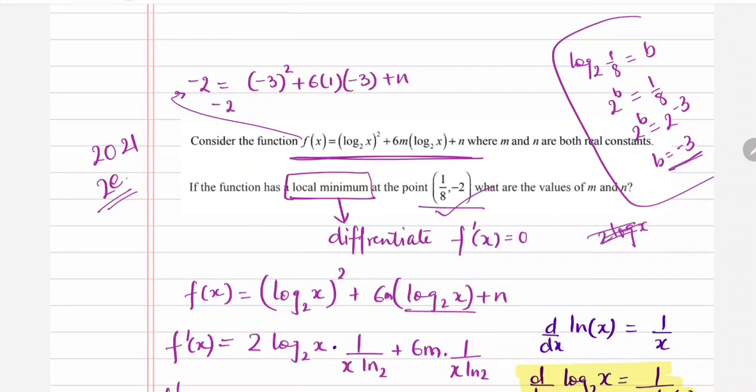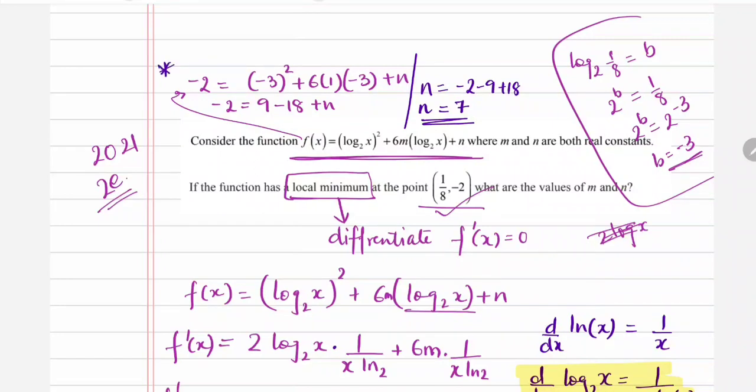So minus 2 equals 9 minus 18 plus n. So n equals minus 2 minus 9 plus 18, which is 18 minus 9 is 9, minus 2 is 7. So n equals 7. Ignore my previous calculation. This is the one that we are following.